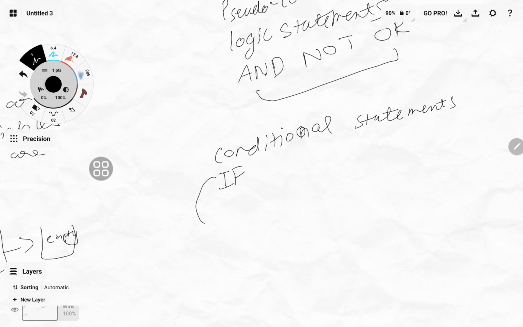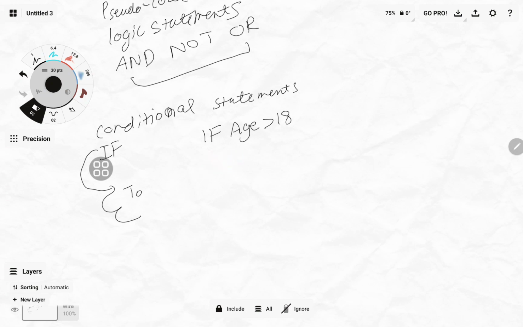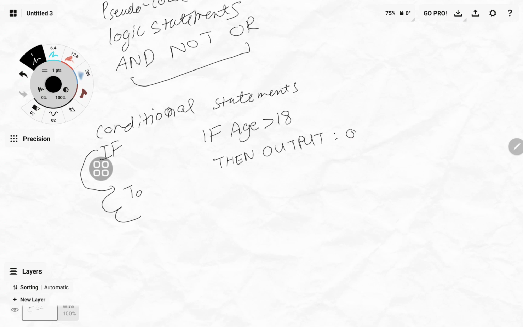This will give us two options. Here is a full example. Conditional statements: if age greater than 18, output then over 18 slash adult.